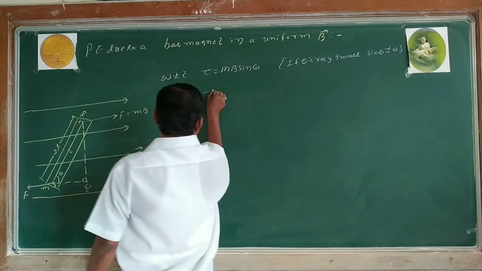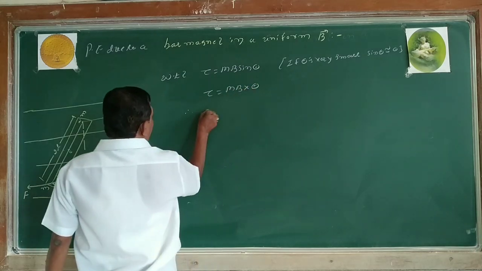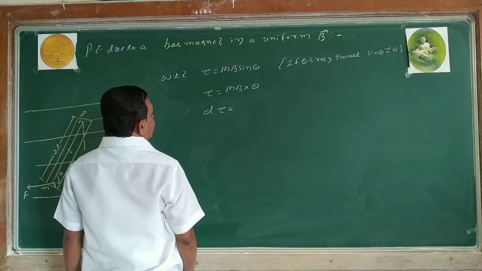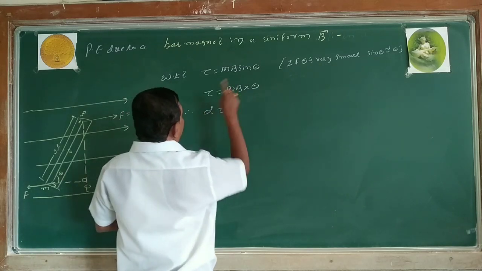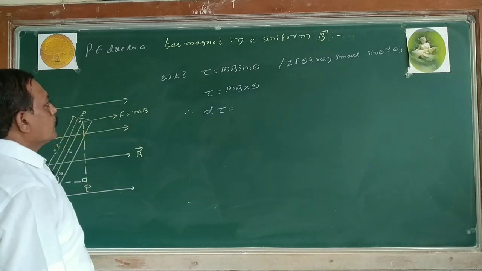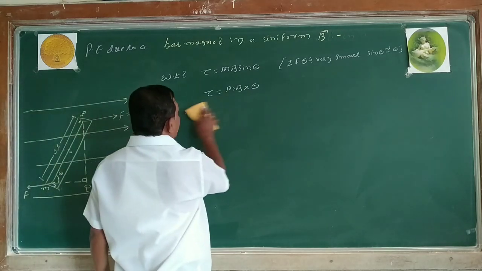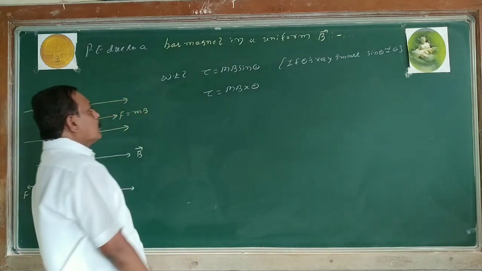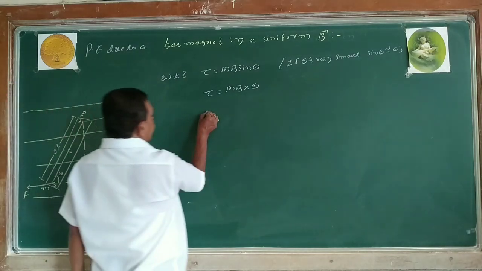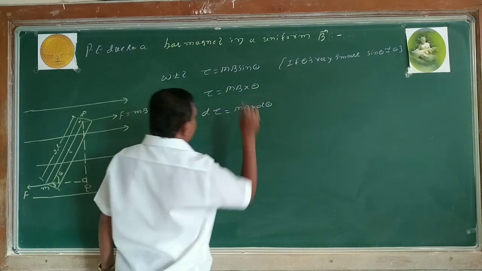Torque tau equals mB into theta. Therefore d tau, force into displacement, is work done. Now look at the steps once. d tau equals mB into d theta, I can write.